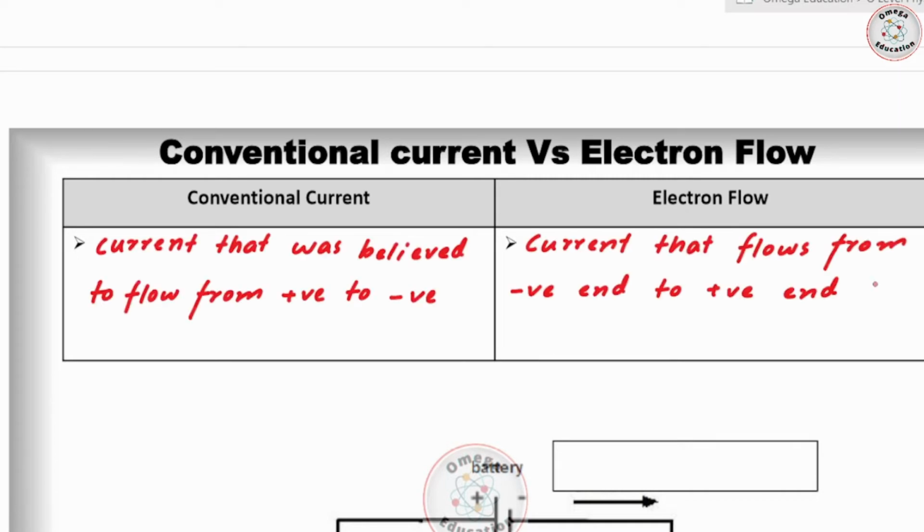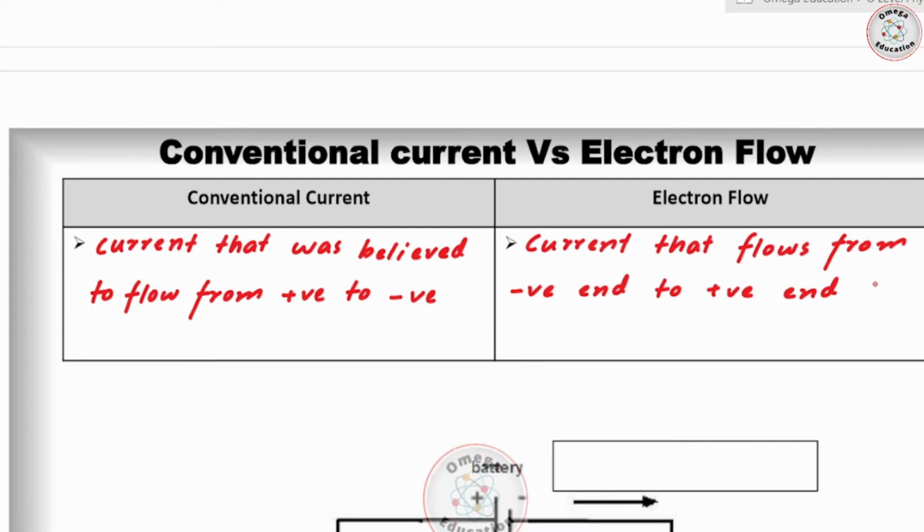Now, once again, the current actually flows from negative towards the positive, because in conductors, the current is due to the motion of electrons, which are the negative charges. But the convention is from positive to negative. The bottom line is it doesn't matter whatever direction you consider.